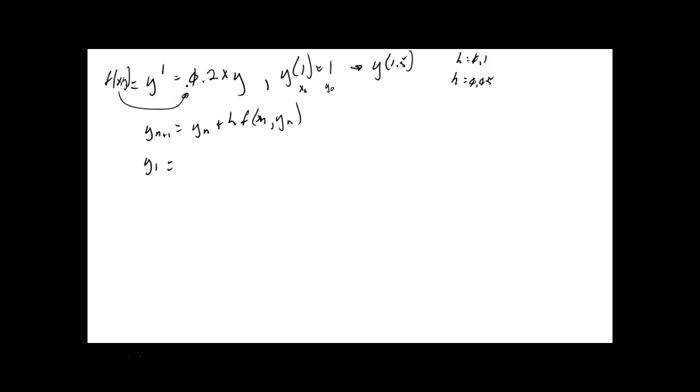So your y0 is 1 plus 0.1, we're going to use the first h, times, and let's just go on and plug in what it is, 0.2 times 1 times 1. That's going to be really hard to do, right?